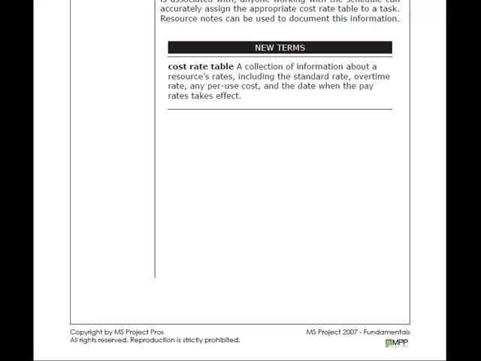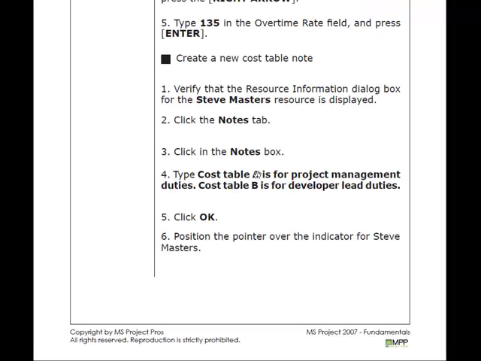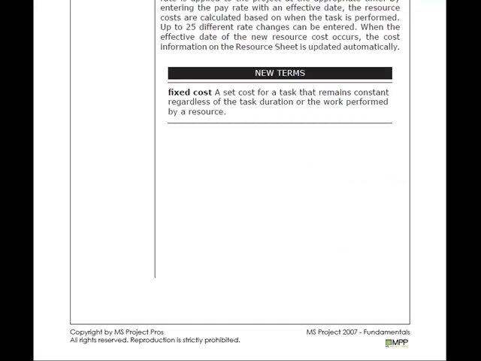An instructor rate, for example, is different than when they're doing consulting or even when they're doing support. So they have various rates, and we want to be able to reflect that within the schedule. So we'll learn how to do that. And we'll also add a note so that if another project manager is working within our schedules, they can see why we have that different set of rates for the resource.